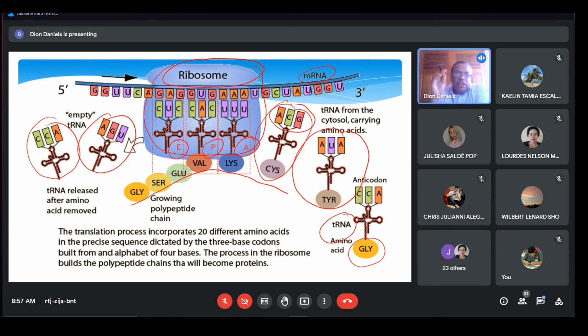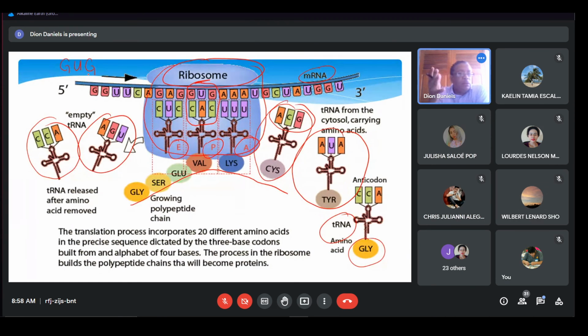So let's take a look at this codon, for example. This one right here. The actual codon is GUG. That's the codon on the messenger RNA. And it codes for which amino acid? Which amino acid does GUG code for? It's right there in the diagram.